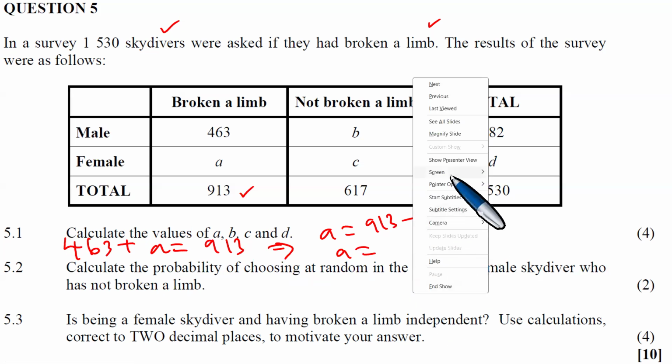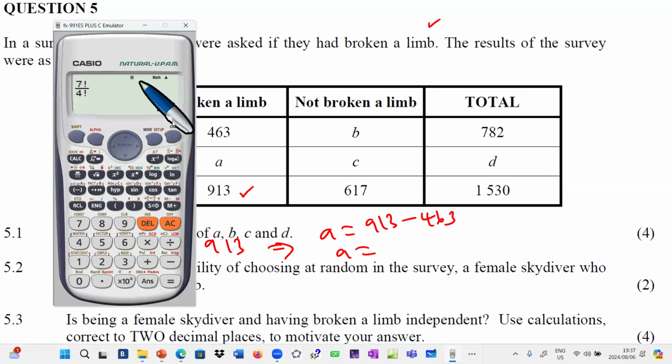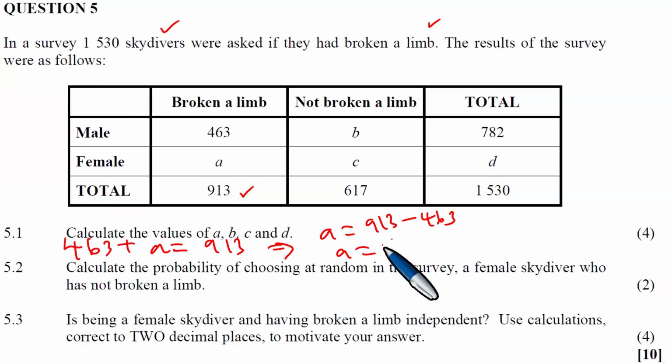Okay, I can just use a calculator here. I know you can do it mentally, possibly. So we have 913 minus 463, 450.